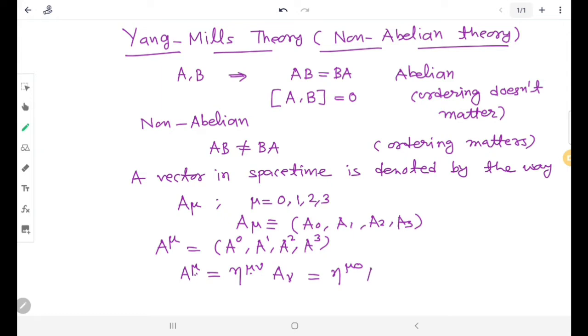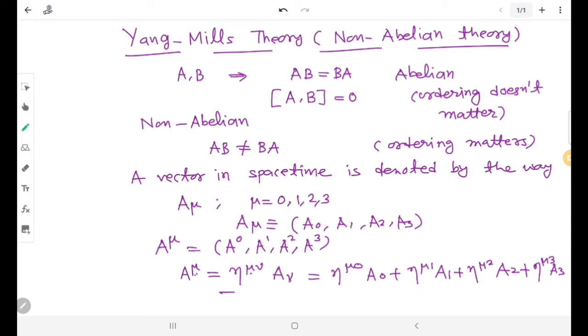So here we write A0, and then we can expand it like this: eta mu0 A0, eta mu1 A1, eta mu2 A2, and eta mu3 A3.